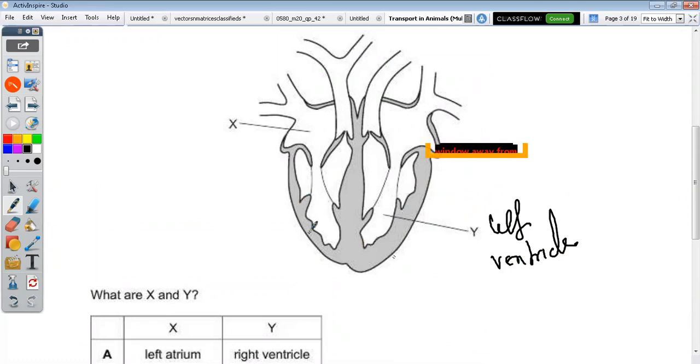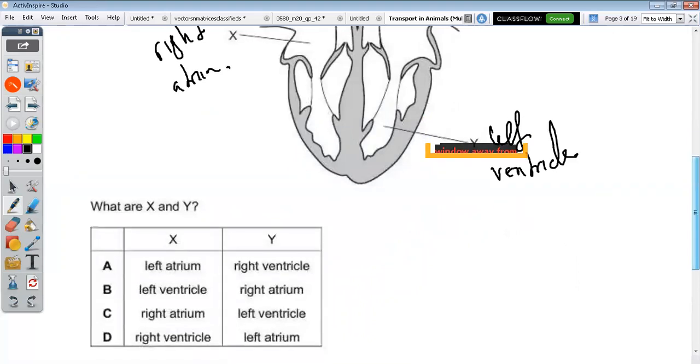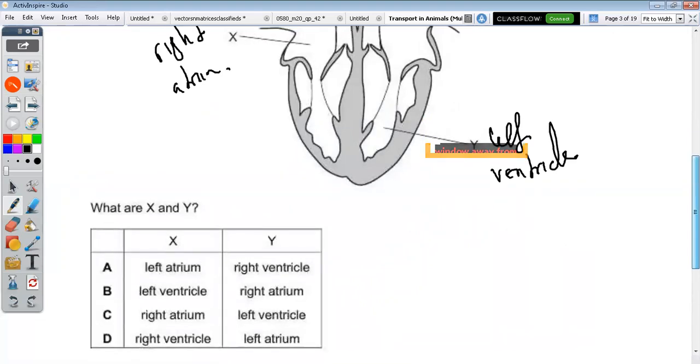Then this is the right ventricle. Then this is the top chamber, so it's the right atrium. So X is the right atrium, and the other is the left ventricle. Make sense? Yes, sir.